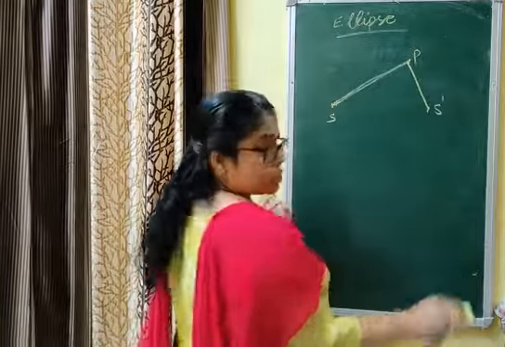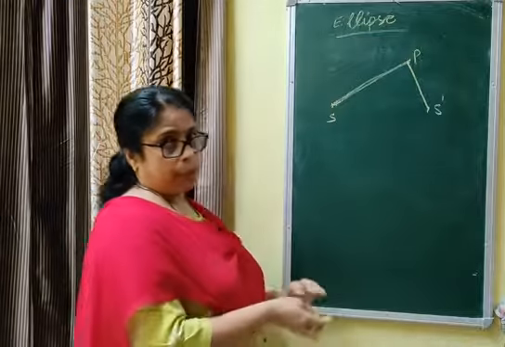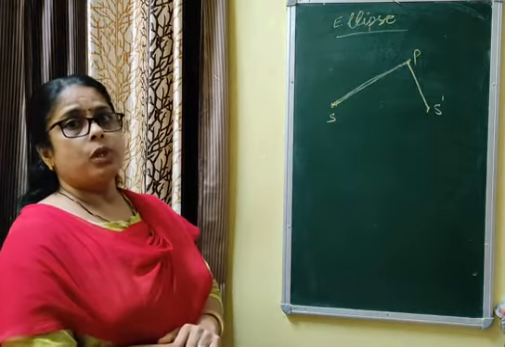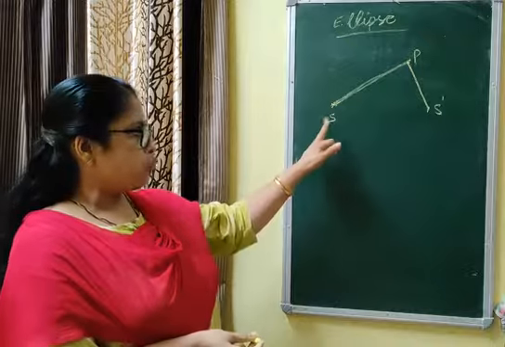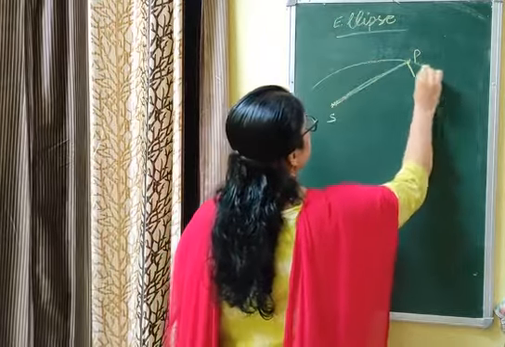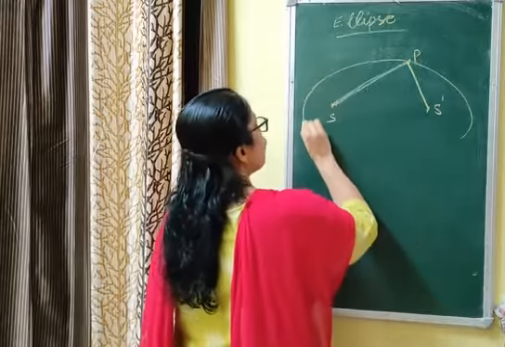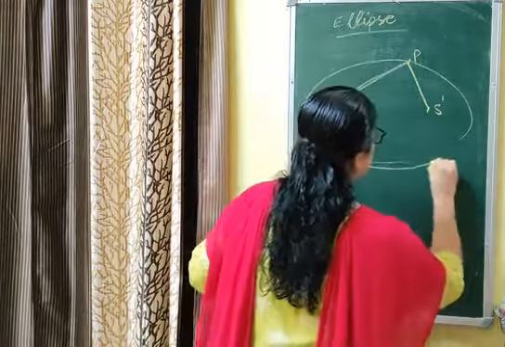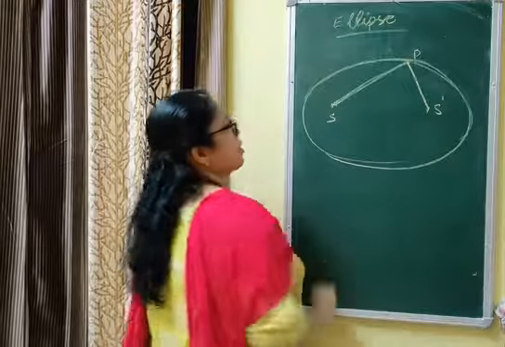That is, the locus of a point moving in a plane in such a way that the sum of distances from two fixed points in the plane is a constant. So the shape should be like that, an oval shape.